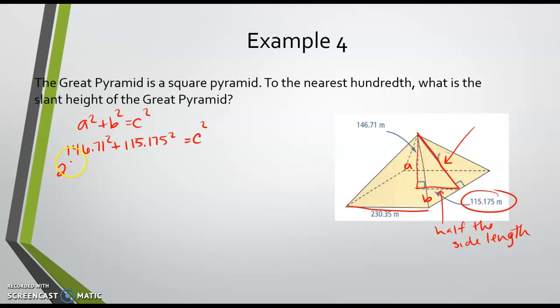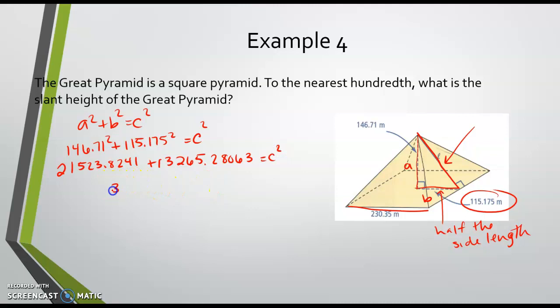When I square 146.71, I get 21,523.8241 plus, and then 115.175 squared, 13,265.28063 equals c squared.